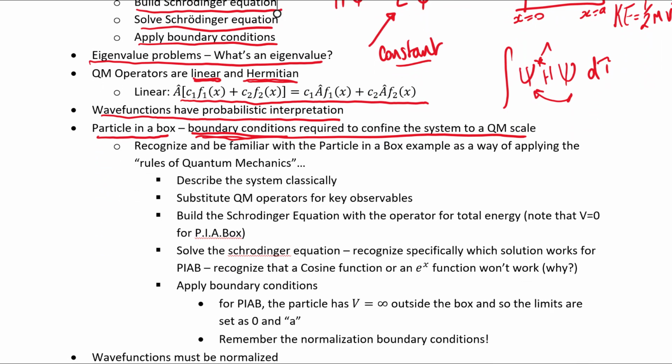We have to first be familiar with this particle in a box example before we go on to apply these rules of quantum mechanics to more complicated systems. So I've repeated those rules of quantum mechanics in a little bit more detail down in here, specifically for the particle in the box.